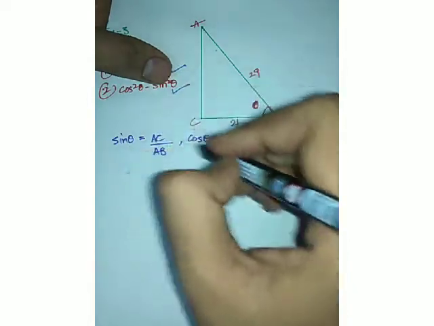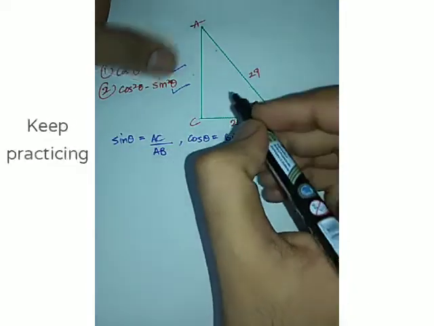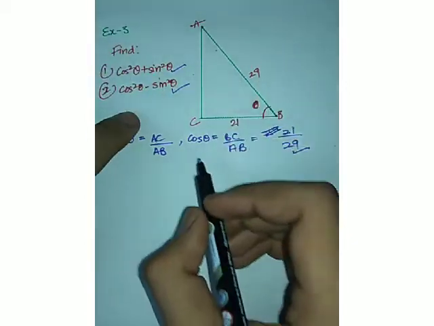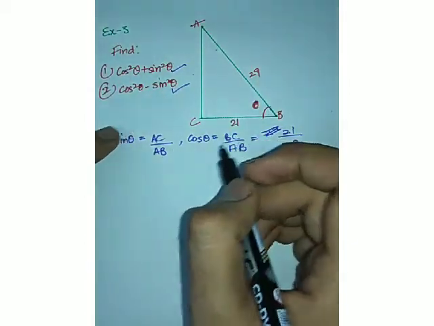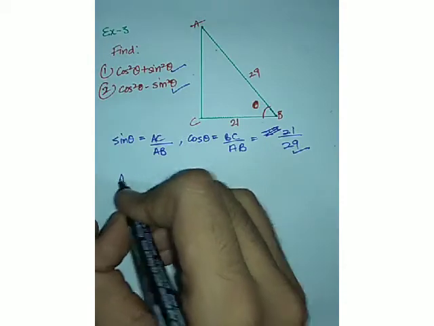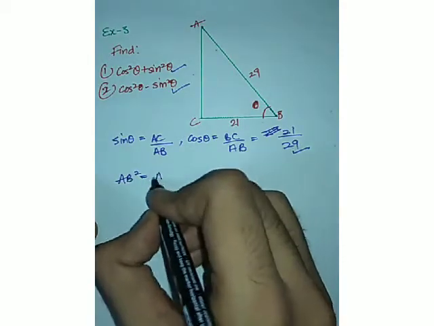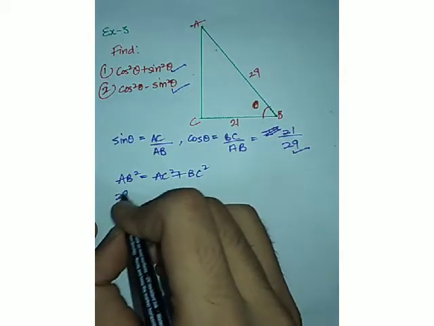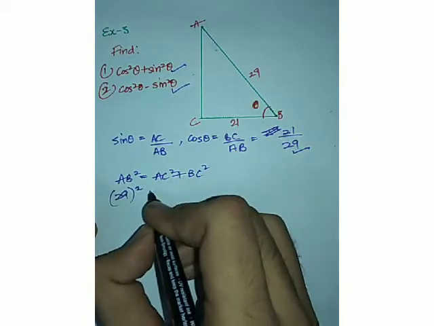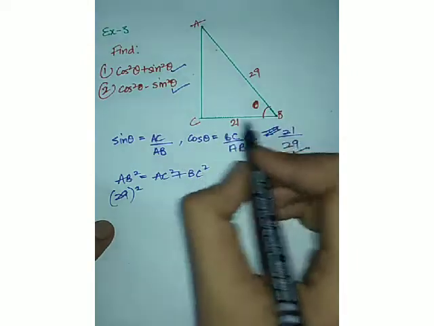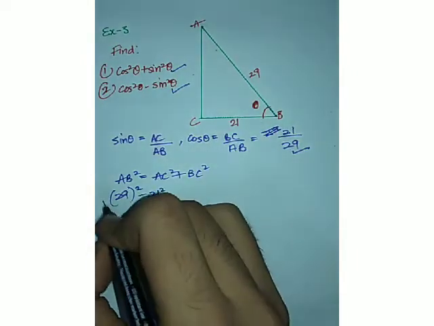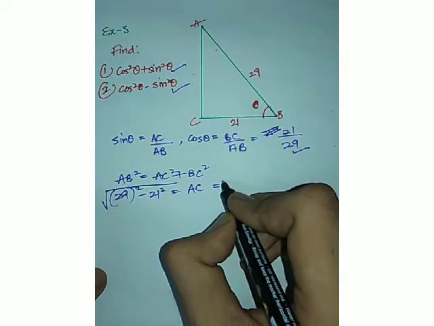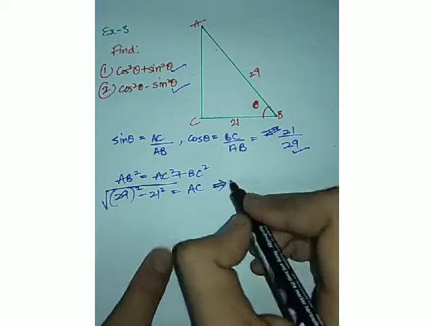So we will simply apply the Pythagoras theorem, because it's pretty much understood that it's a right angle triangle, as trigonometric functions only hold in right angle triangles. Therefore AB square will be equal to AC square plus BC square, right? What's AB square? That is 29 square. BC we already have, so minus 21 square, and there will be a root which will be equal to AC only. I have skipped one or two steps, but you can see it's pretty easy.